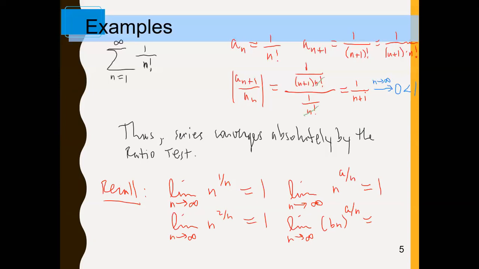And then I have n to the a over n, which also goes to 1. Are you seeing a pattern here? These things always go to 1, right? So when you have a constant times n raised to some constant over n, that limit goes to 1.